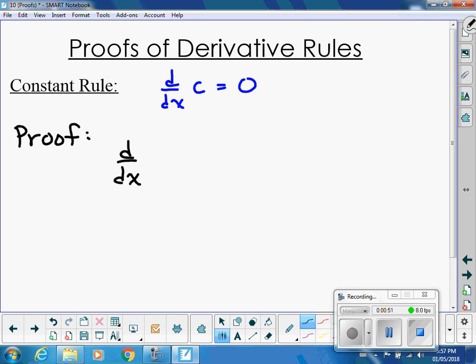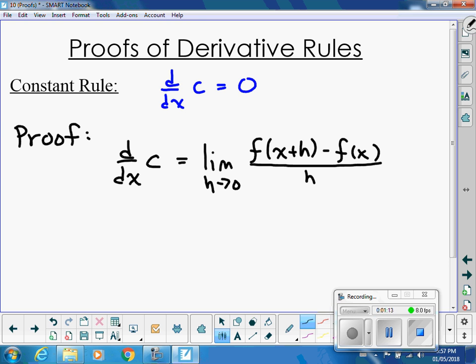The derivative of a constant is equal to, again, any kind of derivative, the limit as h goes to 0 of f of x plus h minus f of x over h.